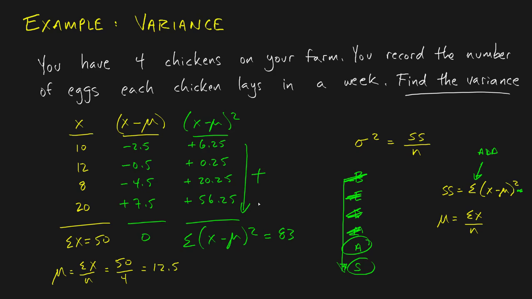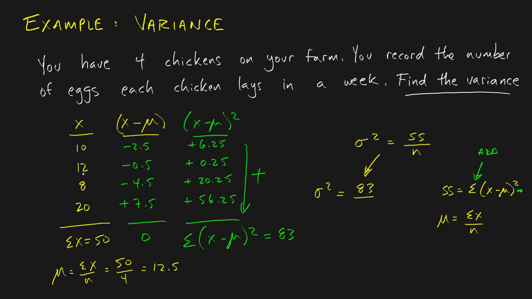I've summed up the squared deviations. So I have my sum of squares. So let's make a bit of room to show that. So here I'm going to carry this on. So my variance is equal to the sum of squares, which is 83, divided by n.